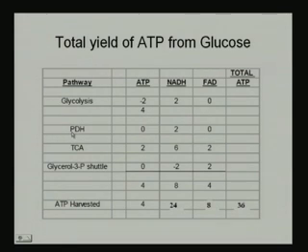2 molecules of NADH are produced, and 4 molecules of ATP are produced. In case of pyruvate dehydrogenase, 2 molecules of NADH are produced. In the TCA cycle, 2 ATP, 6 NADH and 2 FADH2 molecules are produced. In the glycerol 3-phosphate shuttle, 2 molecules of NADH are consumed and 2 molecules of FADH2 are produced.